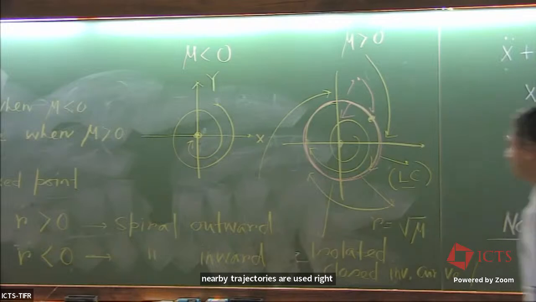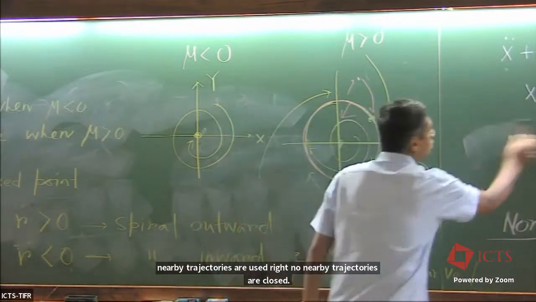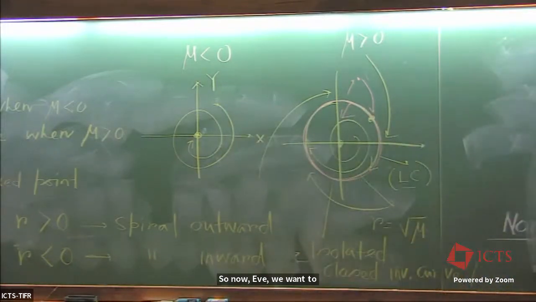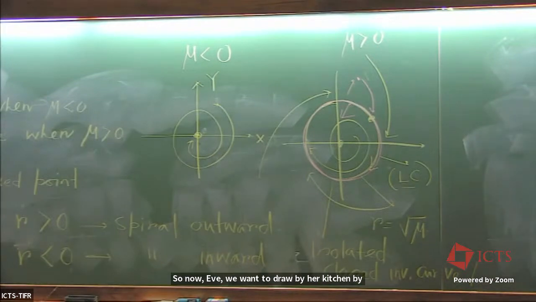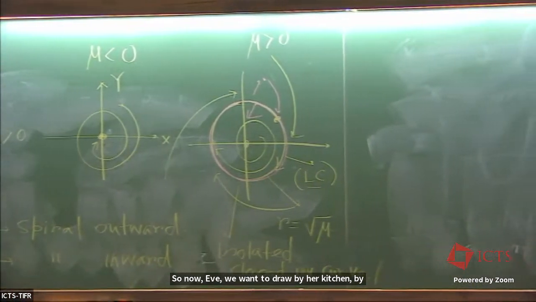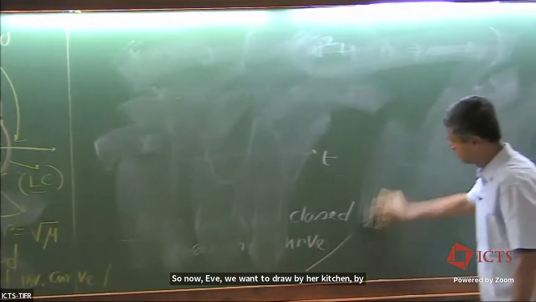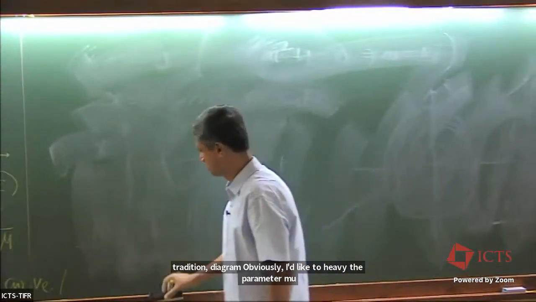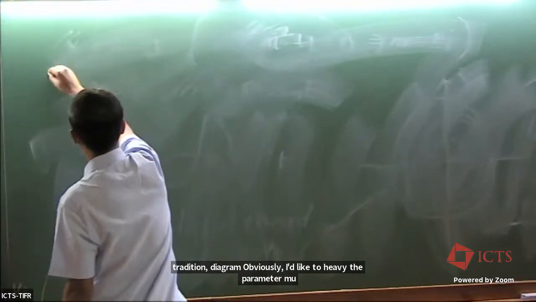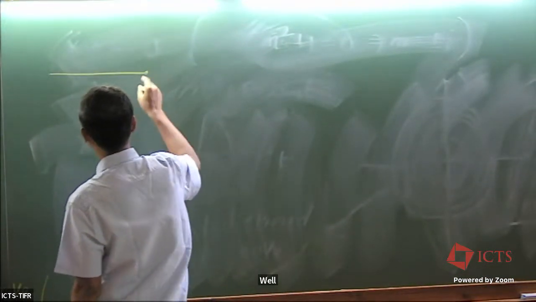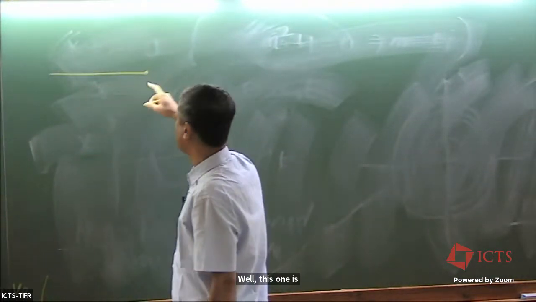So now if we want to draw a bifurcation diagram, obviously I'd like to vary the parameter mu. So this one is the stable one, right?